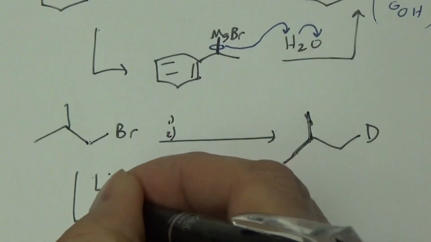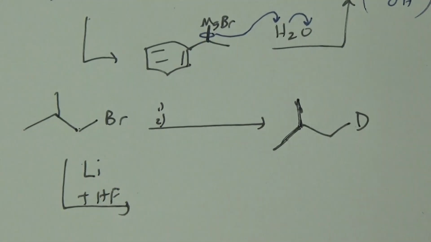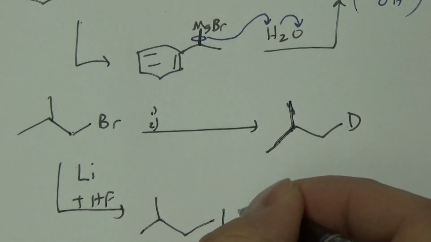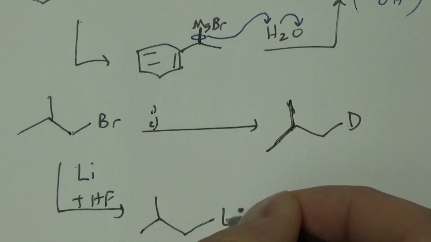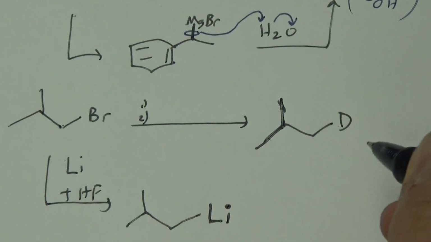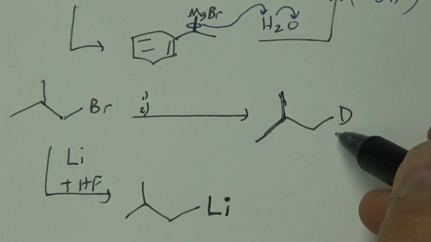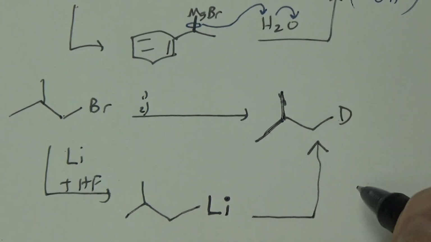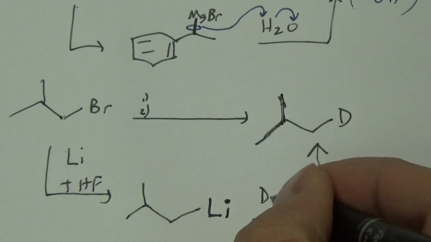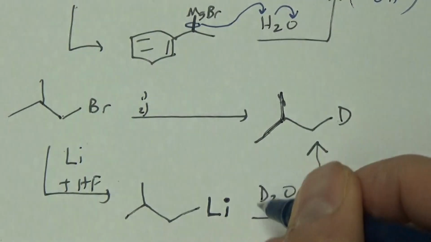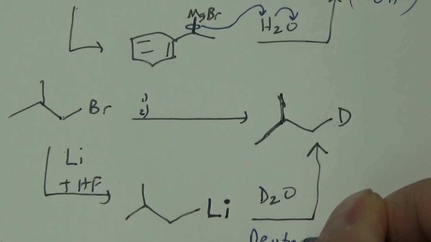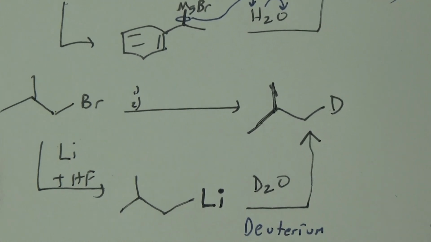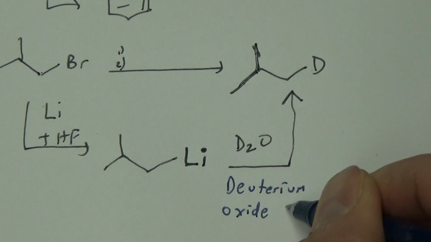Lithium, THF. Now I just make the organolithium. And deuterium is essentially hydrogen with an extra neutron, and you can just use something called D2O, heavy water, deuterium oxide.